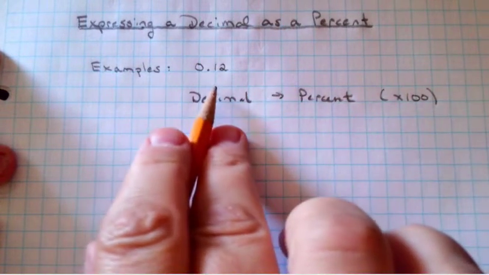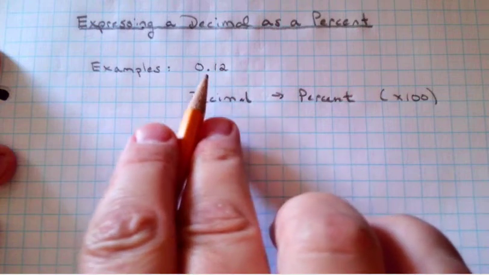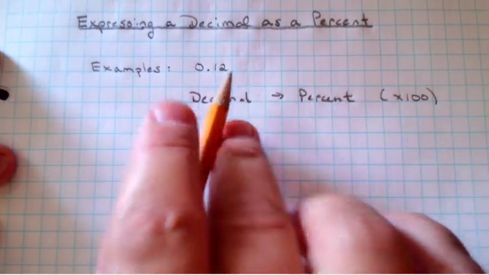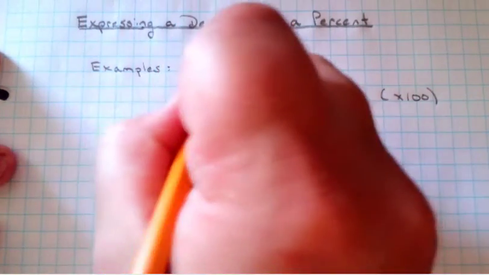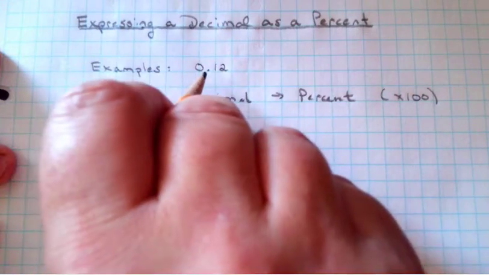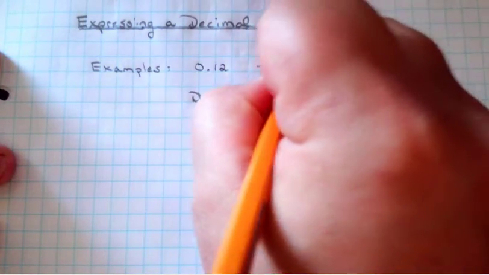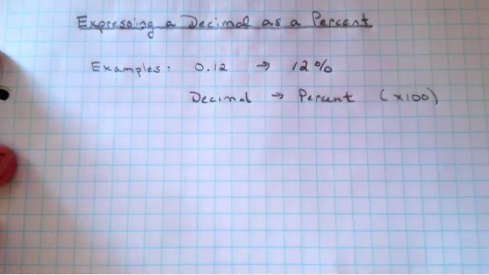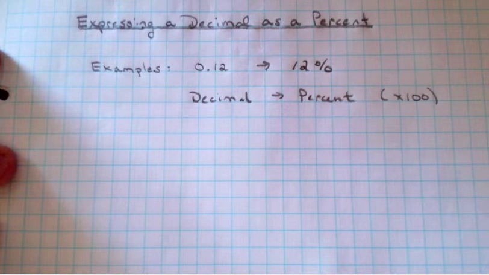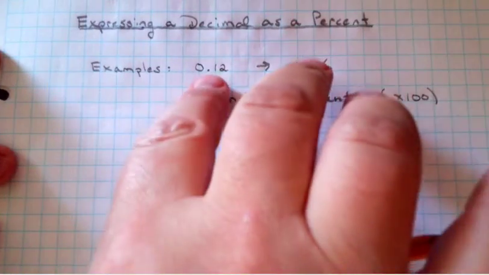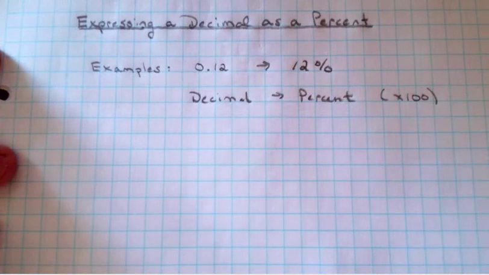And when we multiply by 100, what that does is that moves the decimal to the right twice. So the decimal 0.12 as a percent is going to be 12, and then I write the percent symbol after it. If I forget that, then they're not equivalent. So these two things are equal to one another.